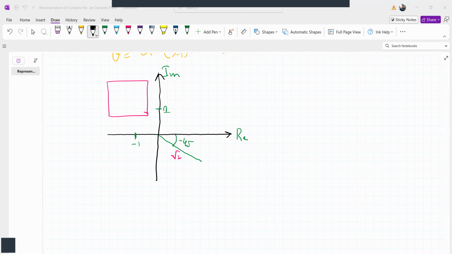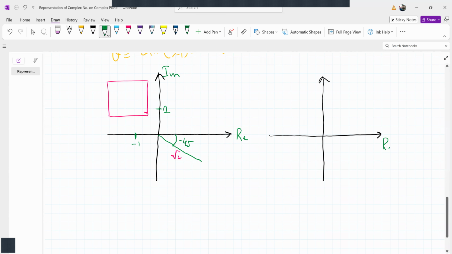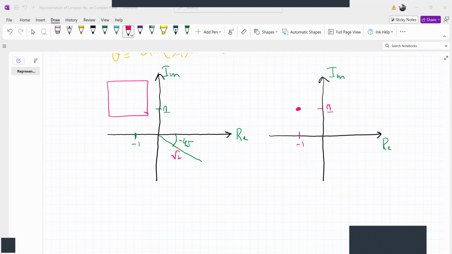So if we redraw this complex plane, this is the real axis and this is the imaginary axis. Now in rectangular form, this is minus 1, this is plus 1, so the complex number lies somewhere here on this complex plane.